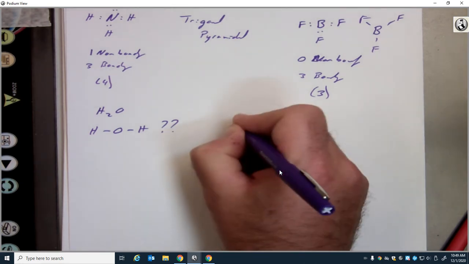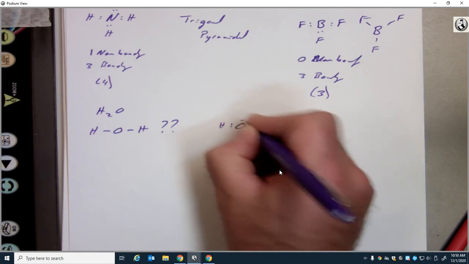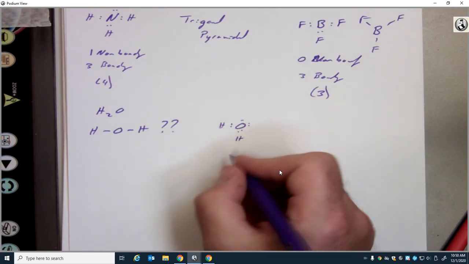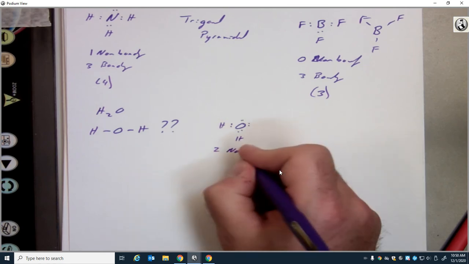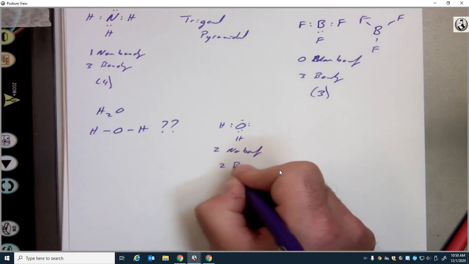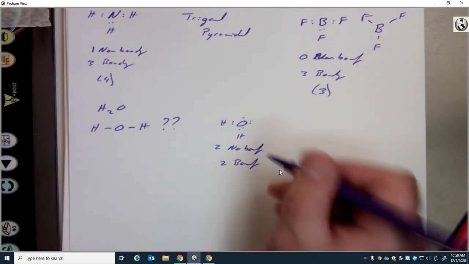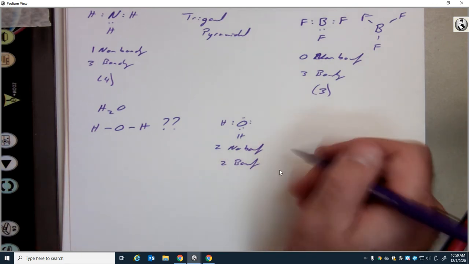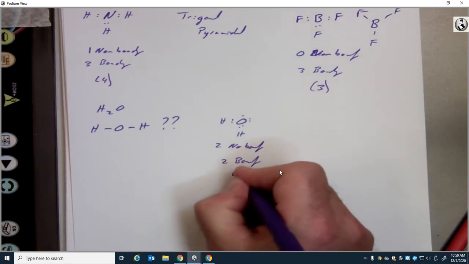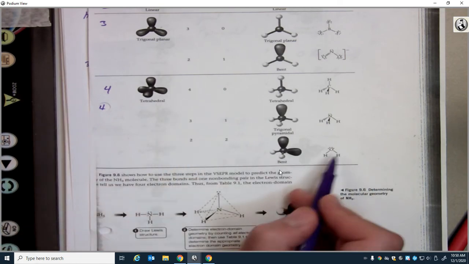If we draw the dot diagram, we have 2 bonding and 2 non-bonding, for a total of 4. If we go to our chart, here's my 4, 2 and 2, it gives me this bent shape.